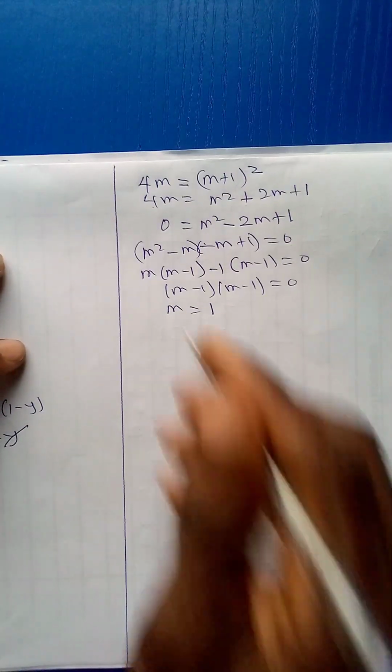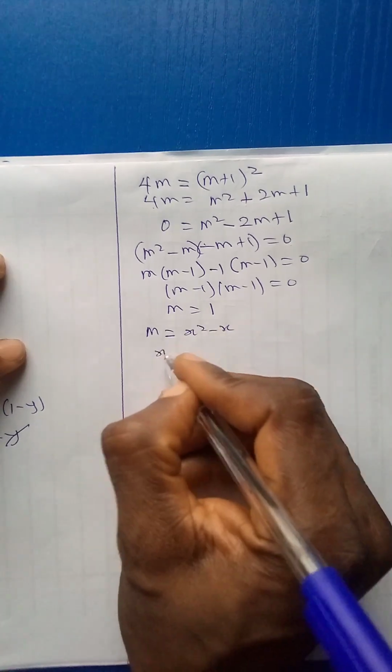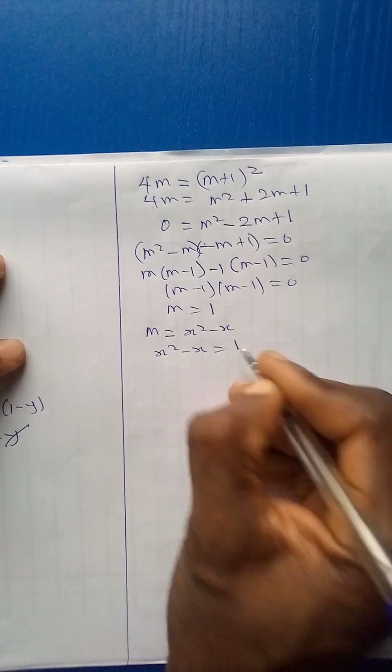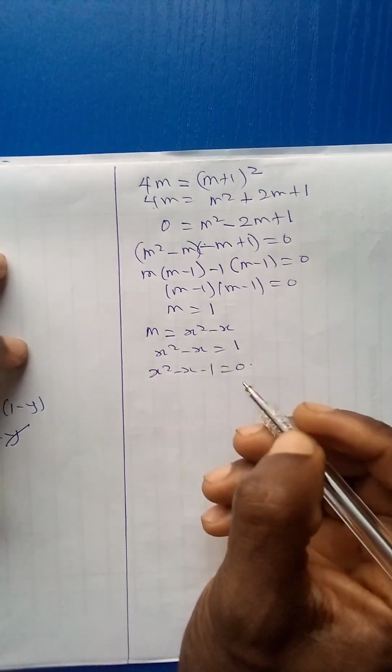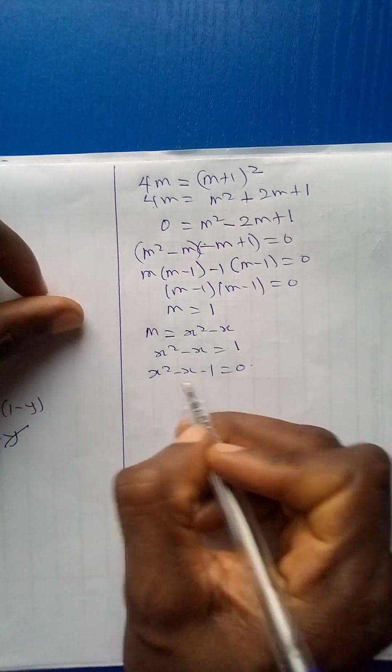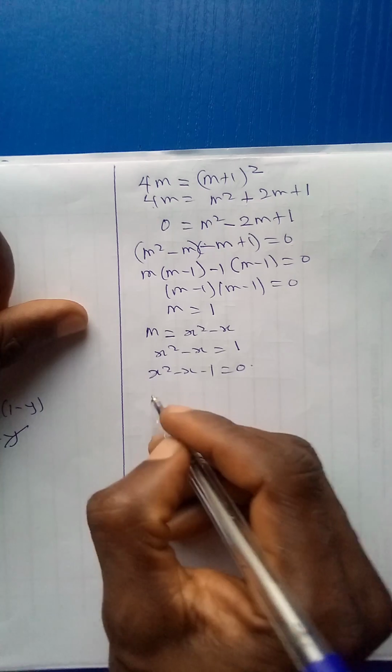Let us remember that m is equal to x squared minus x. So x squared minus x is equal to 1, and therefore x squared minus x minus 1 is equal to 0. I cannot solve this quadratic equation using factorization method. Therefore, I'm going to use the formula method.